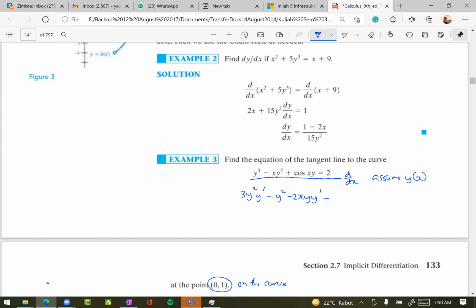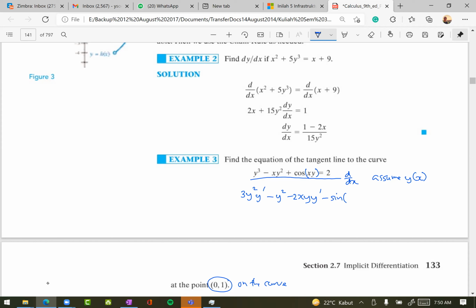Let's see. The derivative of, now this is complicated because you have the product rule inside the cosine. So cosine becomes sine, the chain rule, okay? With a negative sign.